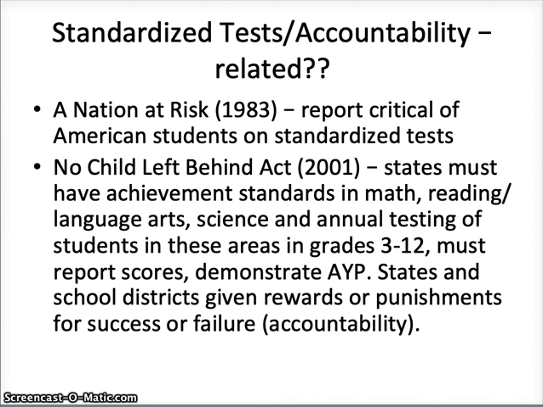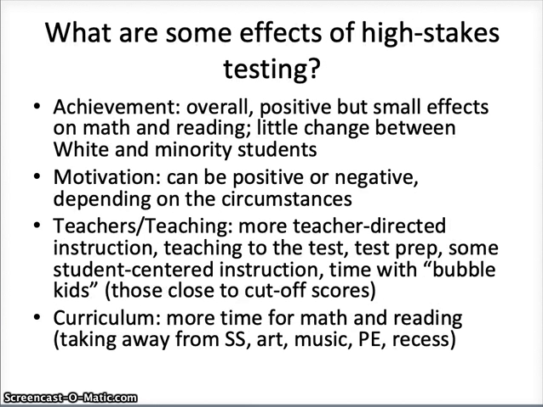And of course, if states were not demonstrating AYP and were falling under the guidelines, then they were given, let's say, a punishment of some sort to hold them accountable. And if they did demonstrate AYP, they could be given rewards. So again, depending on the success or failure of the performance of the students in the school district, they would be held accountable for that success or failure with rewards or punishments, okay?